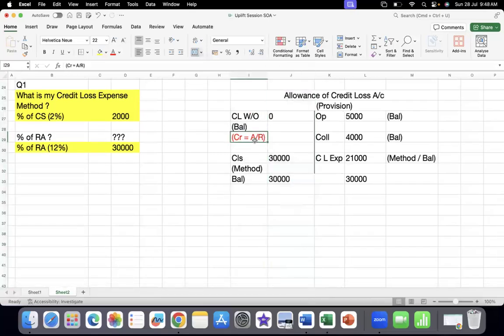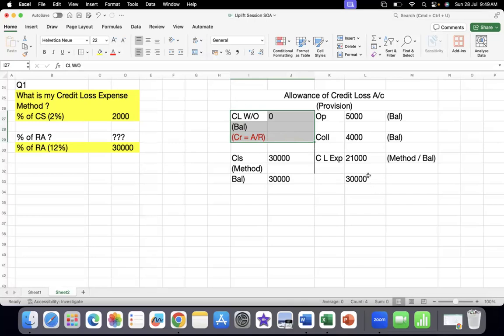It affects your balance sheet because it affects your accounts receivable. It will also ask whether an expense is recorded when you write off a credit loss. Does it affect your profits? No, it doesn't. It affects your accounts receivable, meaning it affects your balance sheet only.